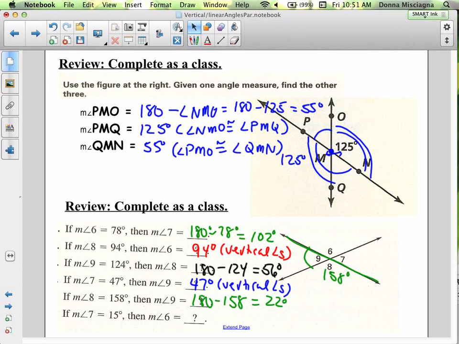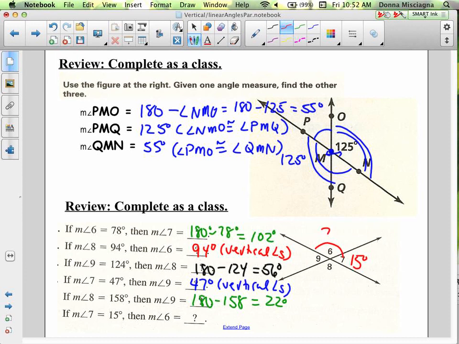And last but not least, none of these angles are drawn to scale, obviously, but they show the relationship as to whether they're a linear pair or vertical. And that's all we need. The measure of angle 7 is 15 degrees. We want to find the measure of angle 6. Right? Well, together, they're adjacent angles formed by intersecting lines.